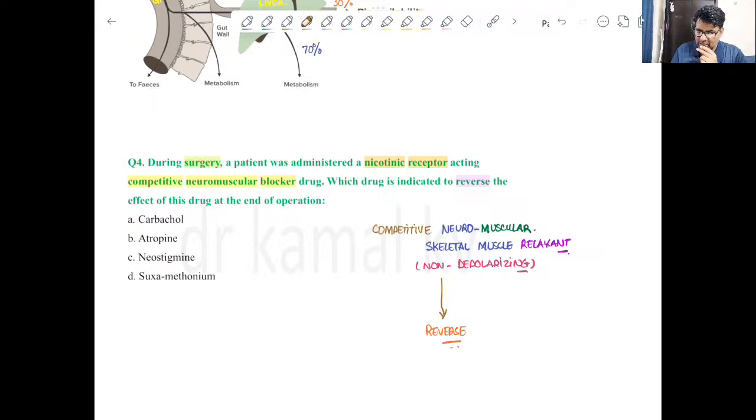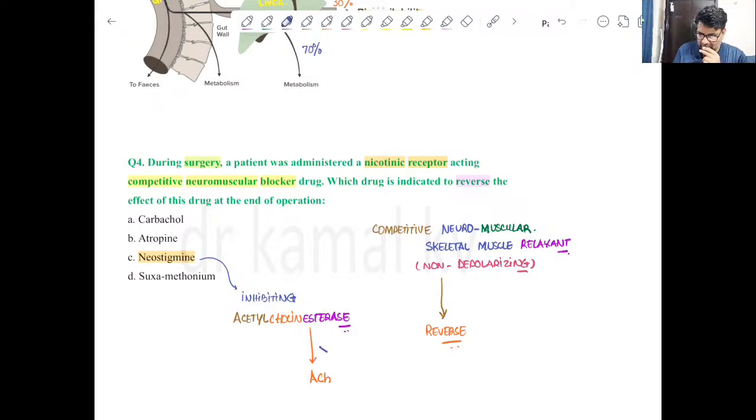So to reverse, we need to give neostigmine. Okay, we give neostigmine actually because what neostigmine is doing, it is inhibiting the acetylcholinesterase enzyme, and this enzyme is actually causing breakdown of acetylcholine.